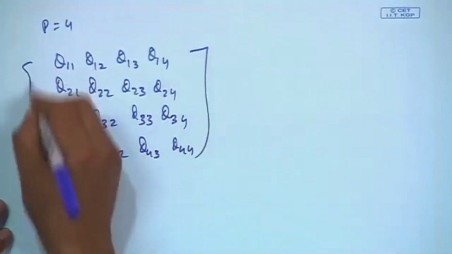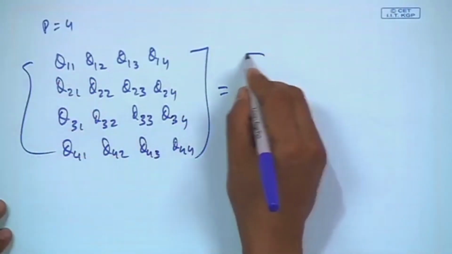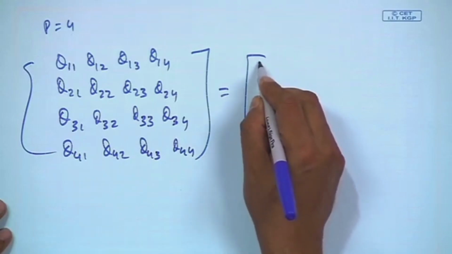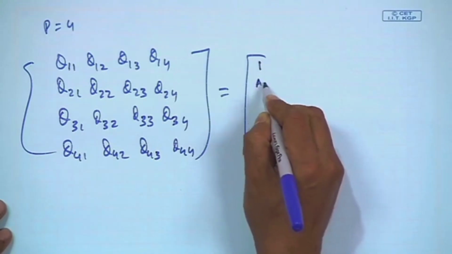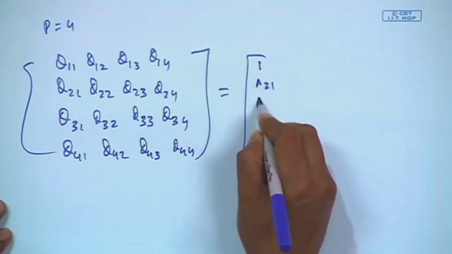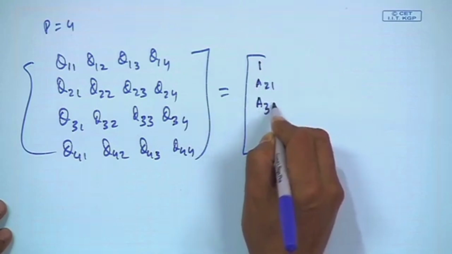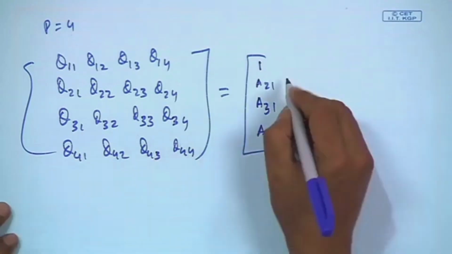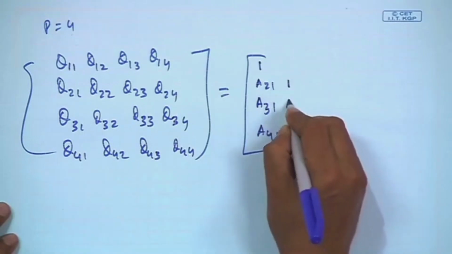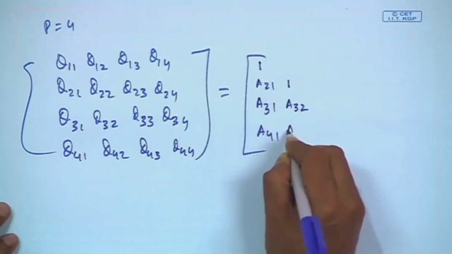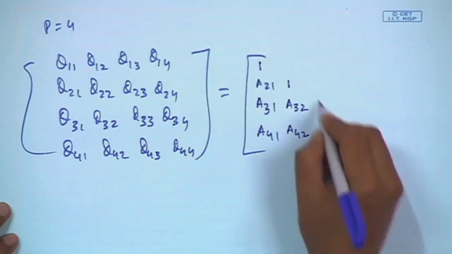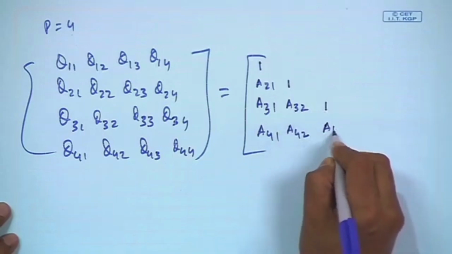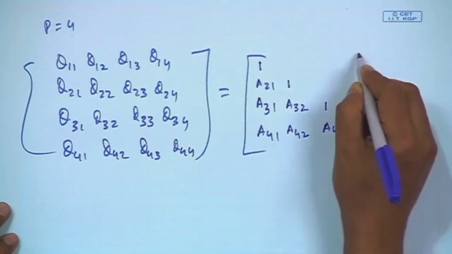This matrix is equal to a lower triangular matrix whose diagonal elements are 1. So, 1, then A 2 1, A 3 1, A 4 1. Then 1, A 3 2, A 4 2. Then 1, A 4 3, then 1 here.